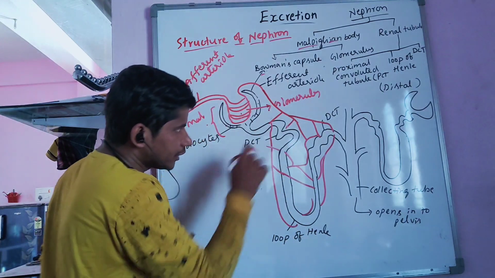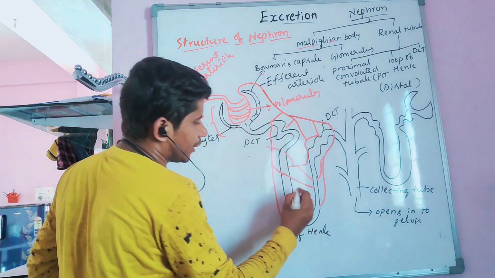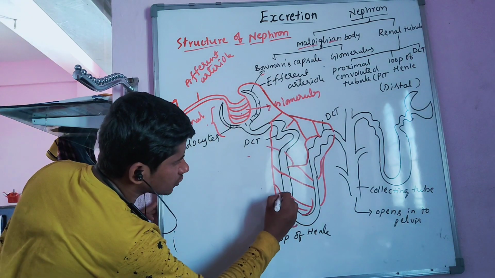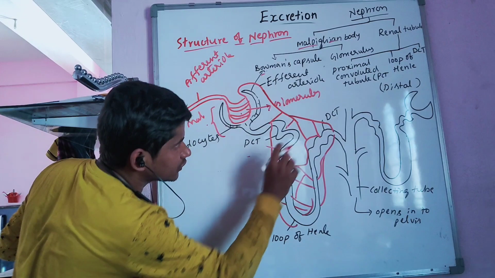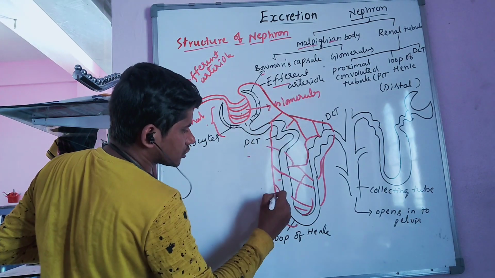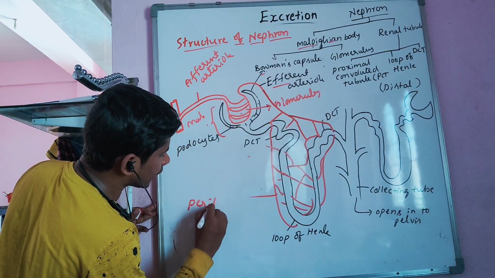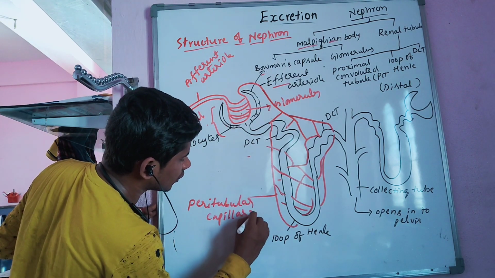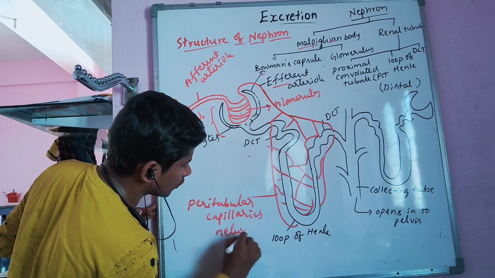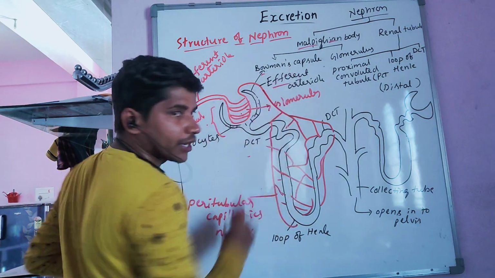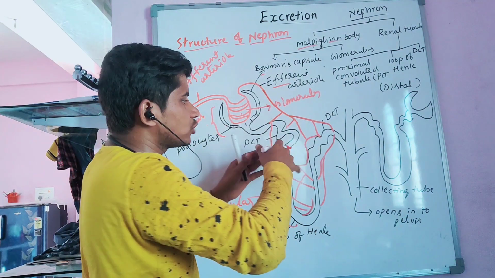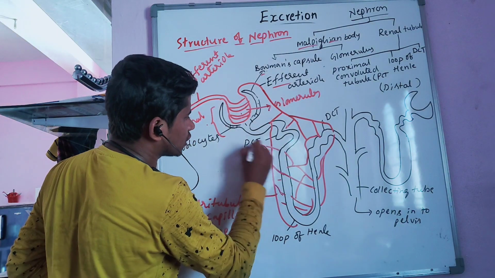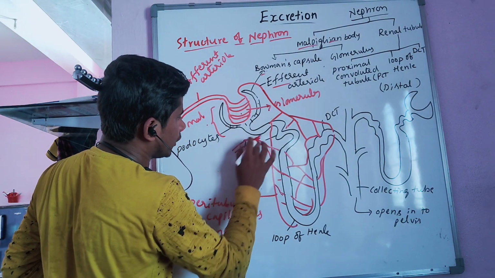These are all fine blood capillaries developing from the efferent arteriole. They are together called peritubular capillaries, or else peritubular network we can call. So the efferent arteriole divides into so many fine capillaries called peritubular capillaries. These all are going to join.